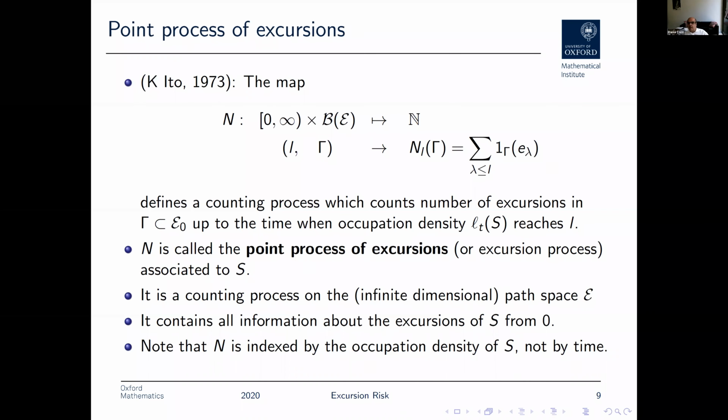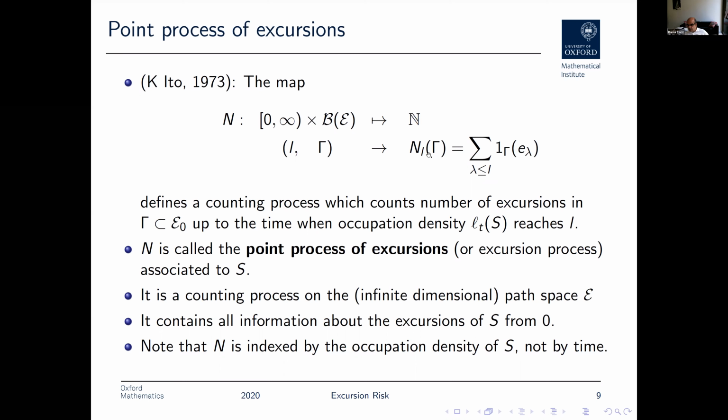So we have an increasing set of indices, lambda. And then for each occupation density level L, and each set of excursions gamma, a set of paths in the space of excursions, I can count the number of excursions encountered up to occupation time L.